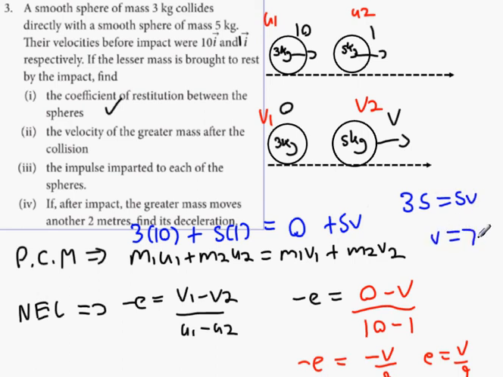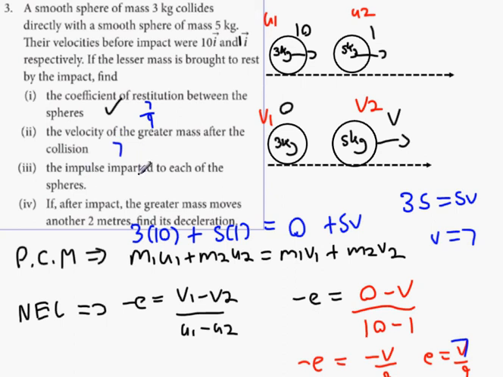V therefore equals 7. The answer for the coefficient of restitution therefore is 7 over 9. So the answer to that one is 7 over 9. Velocity of the greater mass after the collision, 7.